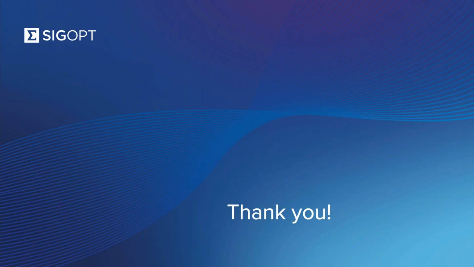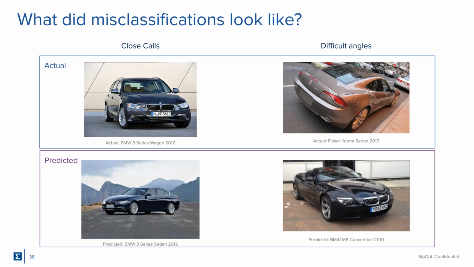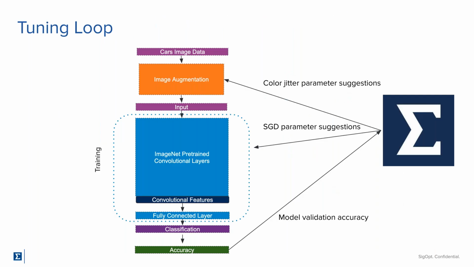So Matthew has a question. Did you try with just image augmentation without SigOpt? What was the accuracy achieved? I did not try that. If we go back to this slide, I was really curious to understand, essentially, if we use SigOpt, which is kind of an active learning technique, what sorts of parameters would it suggest, more than me trying a different set of parameters and then running the model?